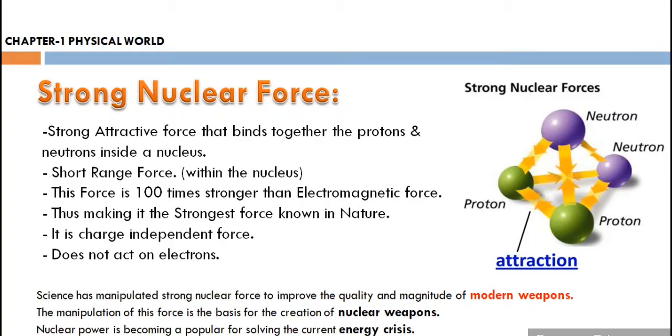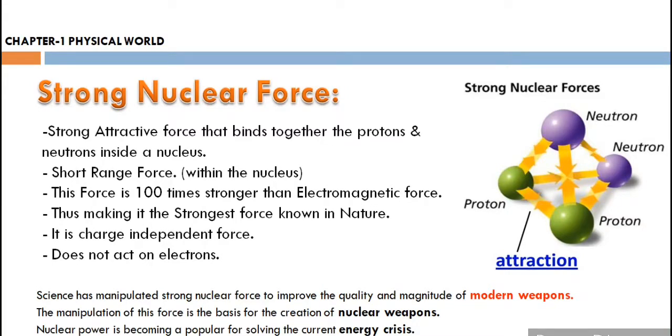You have a figure just on the right side, strong nuclear forces. You can see a few particles and arrows between them. The arrow shows where the attractive force is applying, right? And that attractive force is nothing but strong nuclear force.